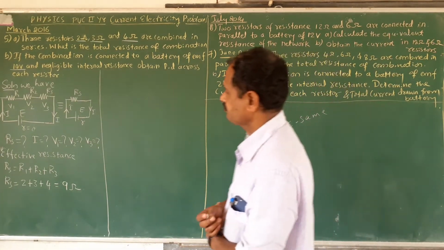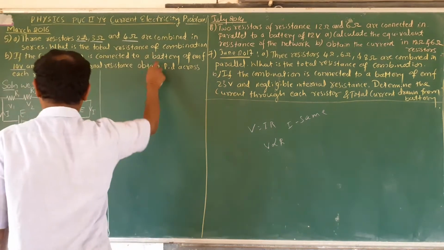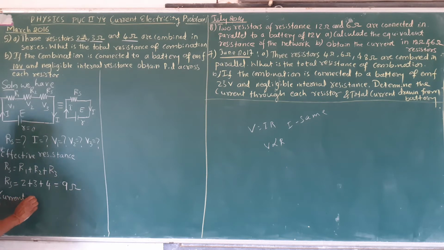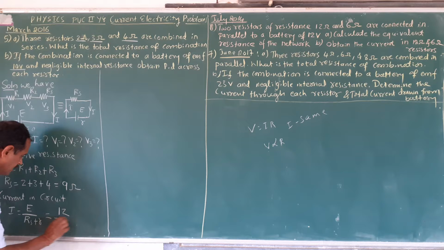Now, the main current, that is the current in the circuit. I is equal to E divided by RS plus R0. EMF is 12.